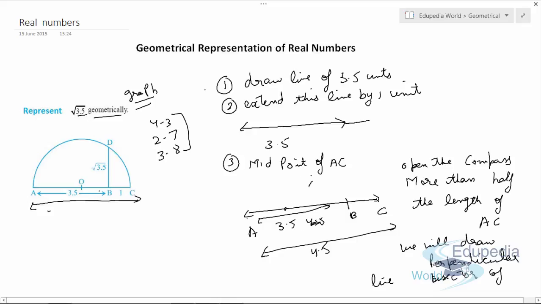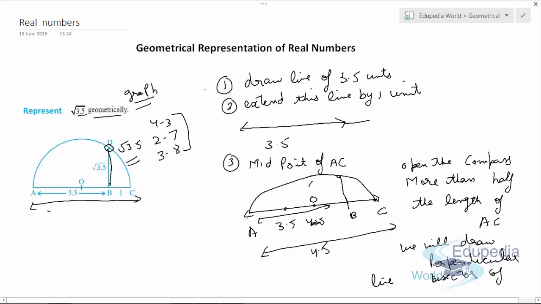Then we'll mark point O as the midpoint. Then with O as center we'll draw a semicircle. Then from B we'll draw another perpendicular line. The line touches the semicircle at this point, at D. This length of the line then is the length of √3.5.